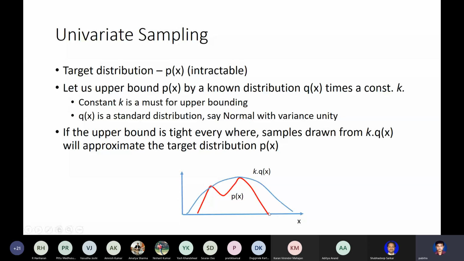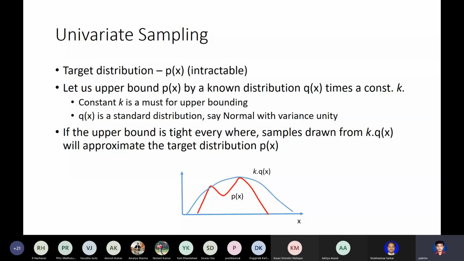It's not possible that one distribution everywhere encloses another distribution, because the area under it is the same, unless they are identical in all places. So you have to multiply by the constant k to enclose it. Now, instead of drawing samples from p(x), which we cannot do, we draw samples from k times q(x), and say those samples are a good approximation of samples drawn from p(x). But actually this approximation will not be good.